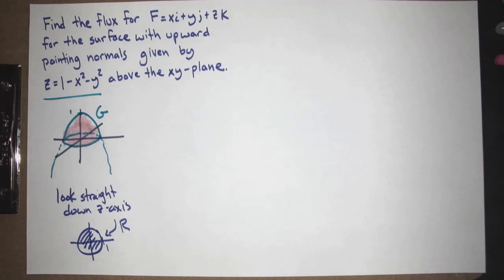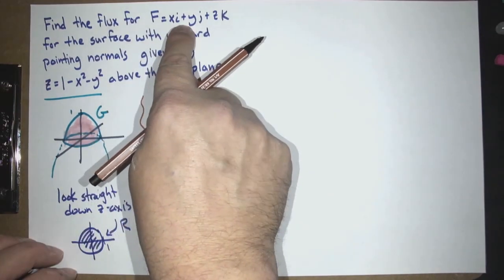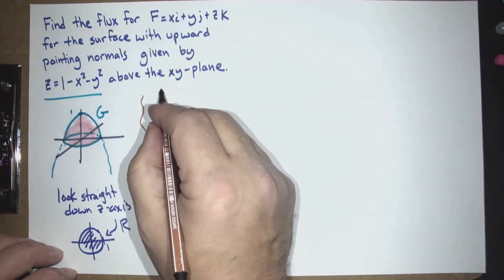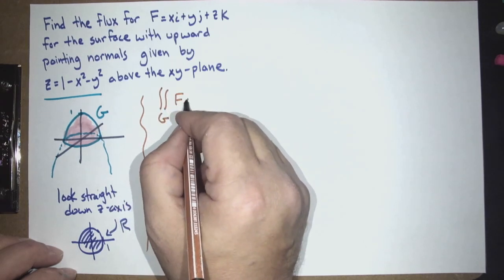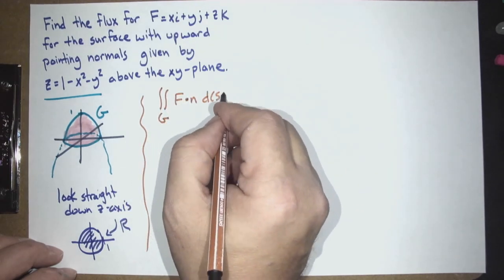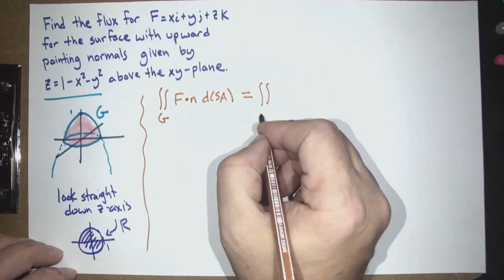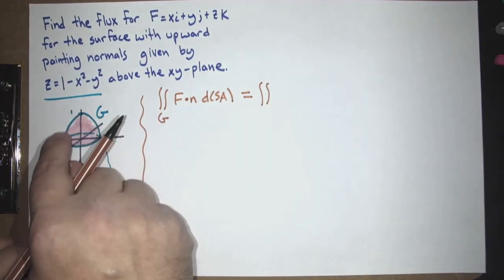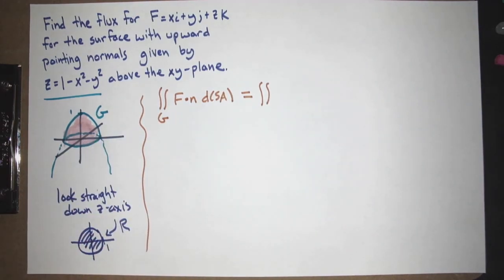All right. So, good. We know our surface. We have our vector field. So now we pull out our formula. So if we want to find the flux, that's F dot N dS. That's just the formula. Now we replace it by saying, but instead of trying to do a surface integral, we're going to do it by the region it's over.